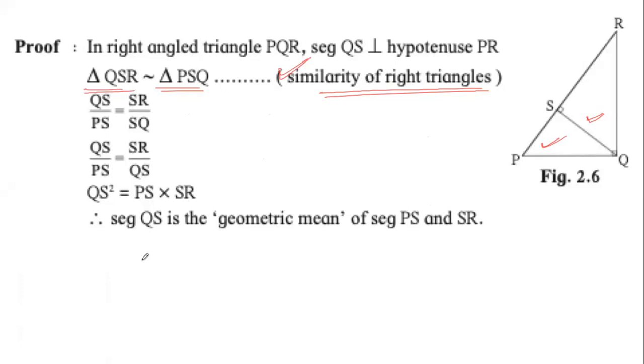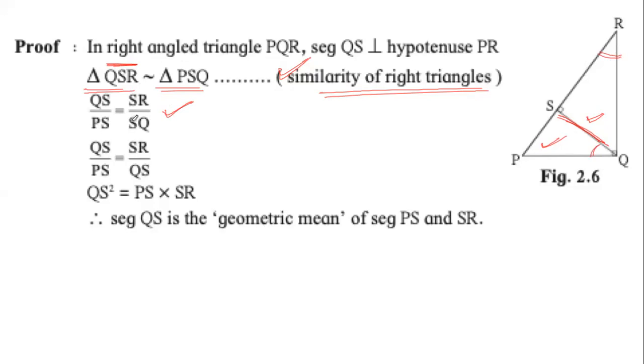Now, because these two triangles are similar, the corresponding sides will be proportional. QS, where is QS? This is QS. Where is this side? If we say QSR, this is opposite to angle R. Now, angle R is equal to this angle.